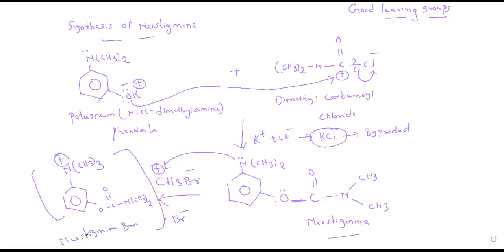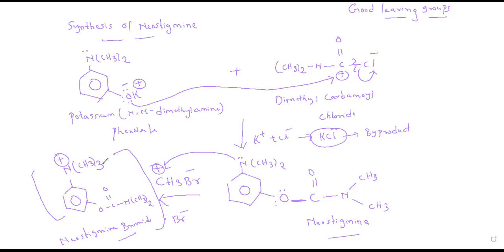Okay, so in the examination, if they ask you to write the synthesis of neostigmine, you can stop up to here. If they ask you to write the synthesis of neostigmine bromide, you can just react this neostigmine with methyl bromide. Okay, so as nitrogen is having one lone pair of electrons, it will donate for this methyl group.